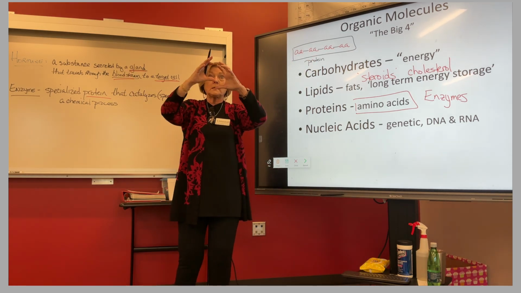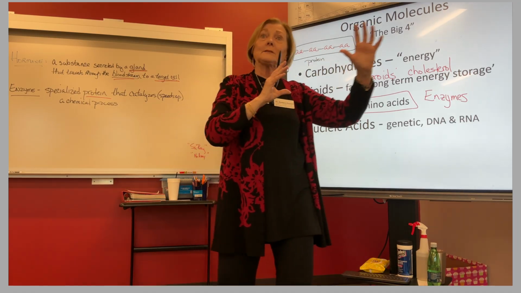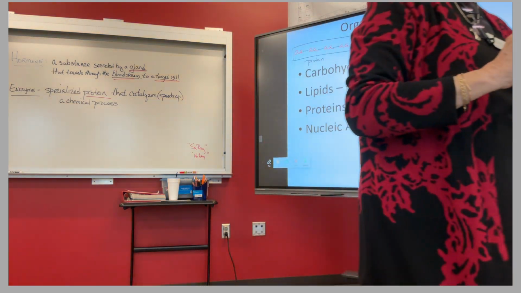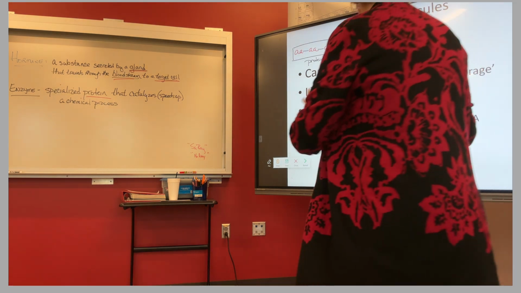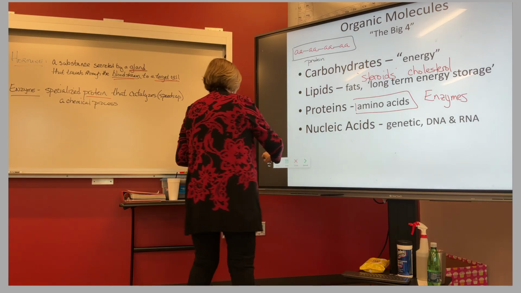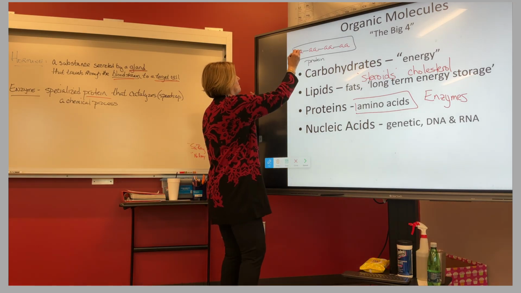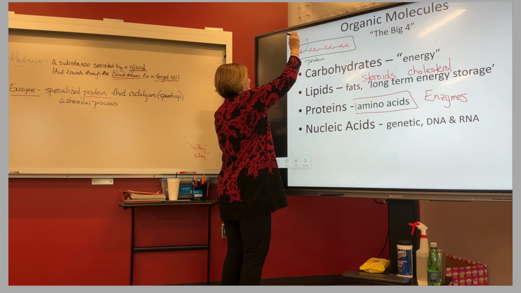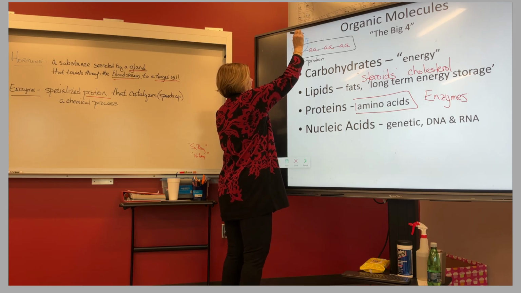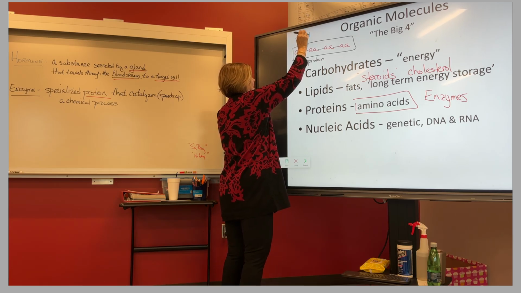When you bond multiple amino acids together, then they're going to make a protein. Now, I want to say one thing, and you don't have to remember it till we get to chapter 16. The name of this bond is a peptide bond.